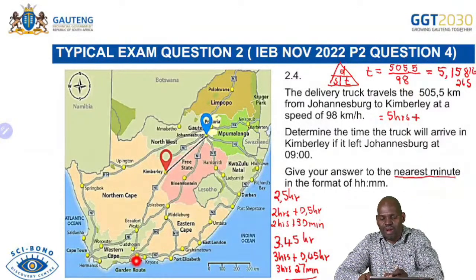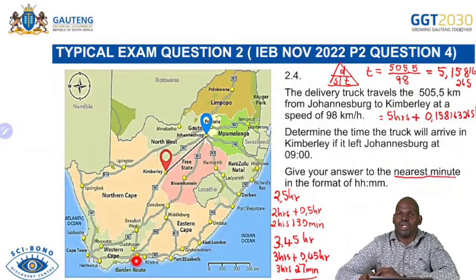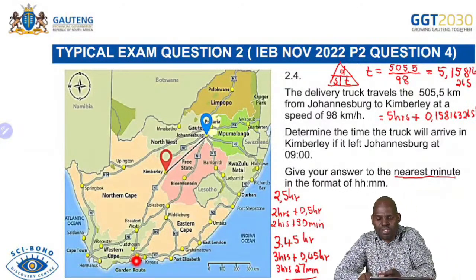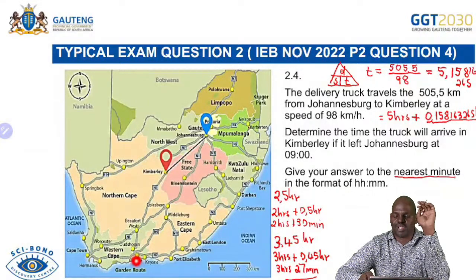So if we've got 5 hours plus 0.158163265, which is a fraction of an hour, it means this fraction we must now convert to minutes. We have to take the whole fraction as is and multiply by 60.